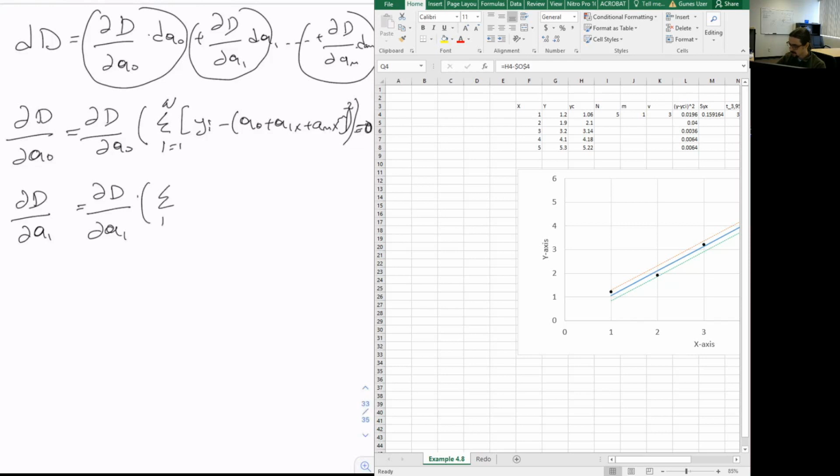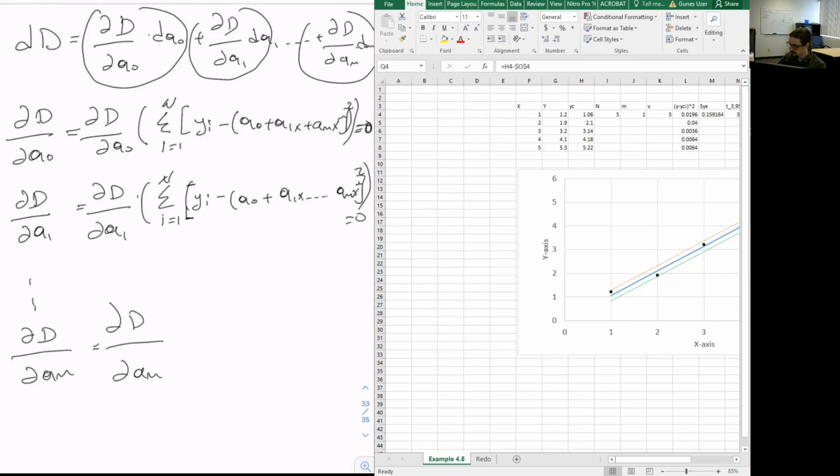That will be the sum from i equal 1 to n of yi minus (a0 plus a1x plus all the way to am times x^m) squared, and that's going to be 0. And you can do this for all the terms basically, right? The am is going to be that.